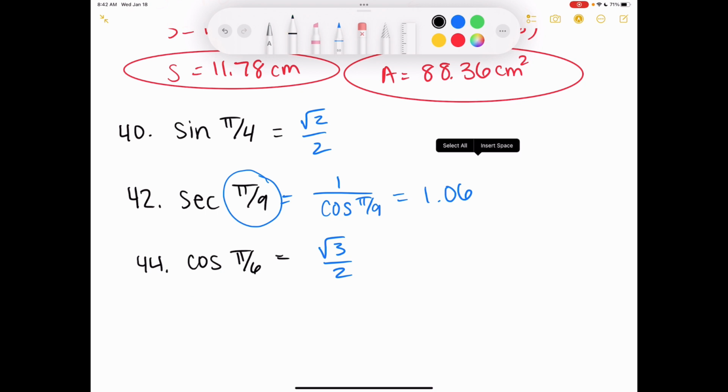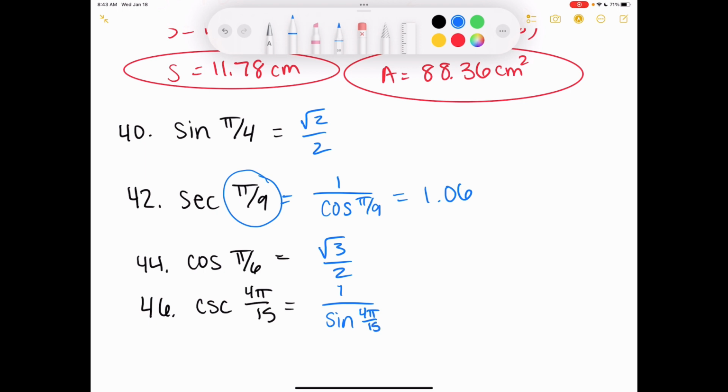And the last one that we'll do, and then we're done with this section, is 46. I've got the cosecant of 4 pi over 15. So any suggestions on what to do with this one? Find 1 over the sine of 4 pi over 15. Yep. So 1 over the sine of 4 pi over 15.